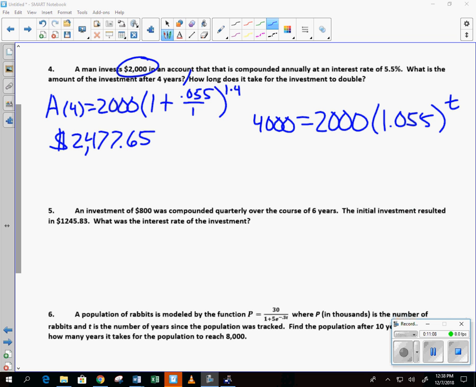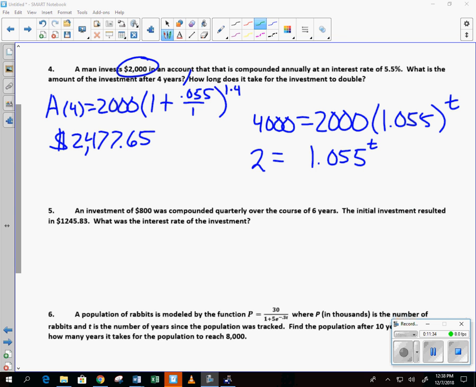Looks like a very complicated equation, but fortunately, since we all did work yesterday on this, this is going to be super easy. What do I do to solve? What do I start with? You divide by 2,000. 4,000 divided by 2,000 is 2. I have to get at the t. How do I get to the t?